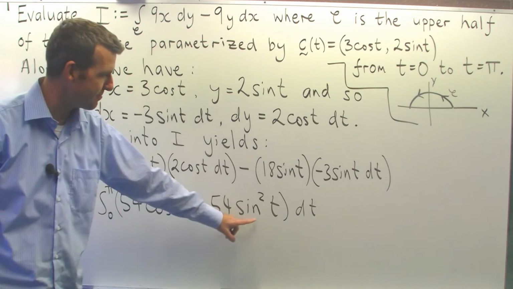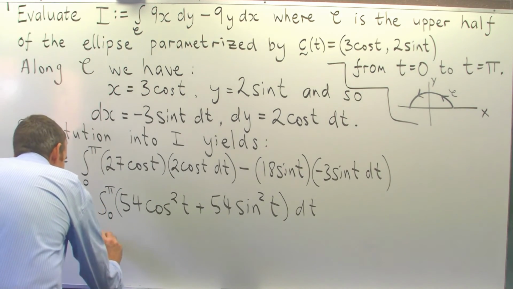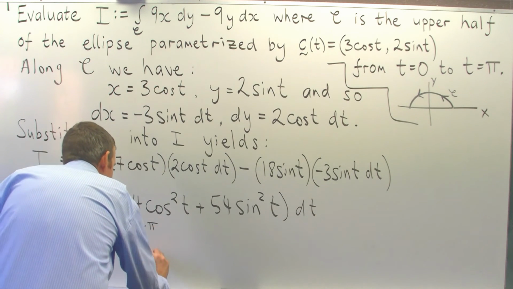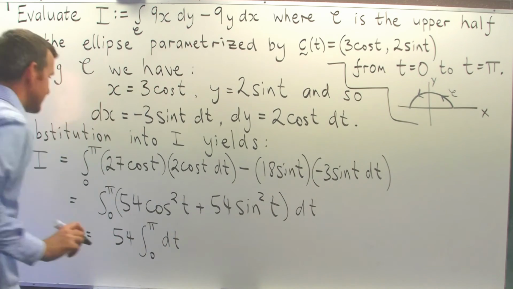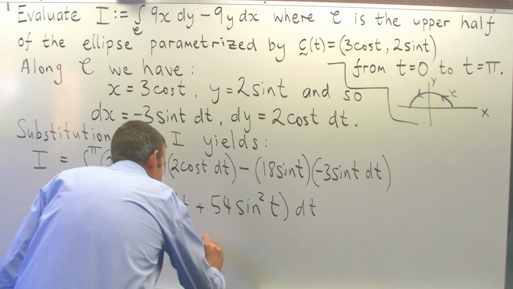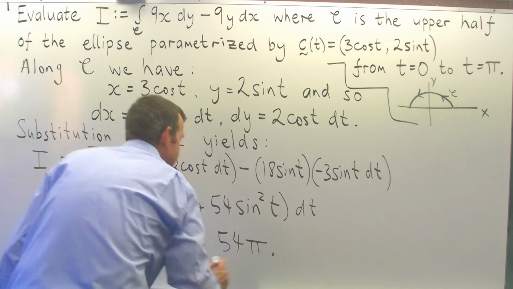Notice that cos squared plus sine squared equals 1, so this is just 54, times this simple integral here, which of course is just 54 pi.